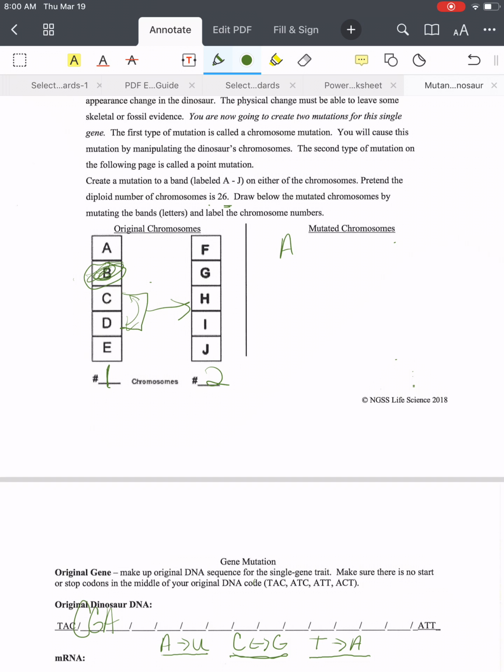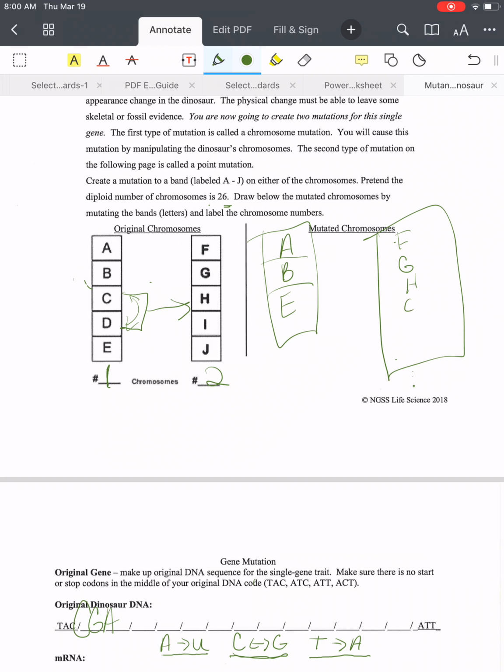So you just write your new sequence. Let's say I keep B there. I have A, B, and E as my new one here, and then over here I'd have F, G, H, C and D translocated, I, and J. So you get to make that part up.